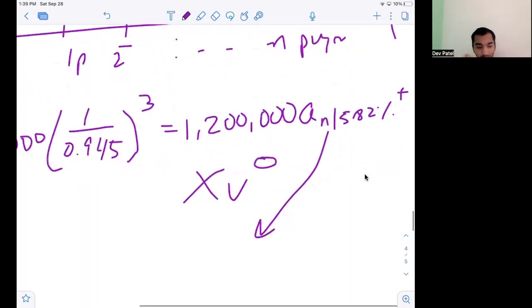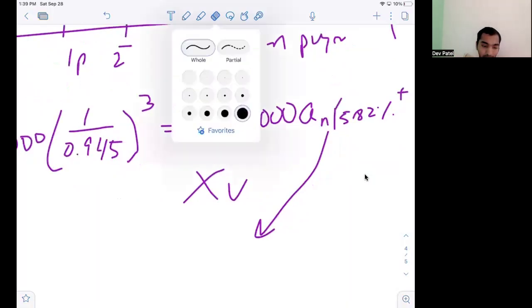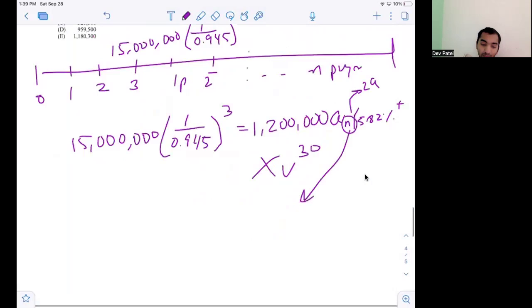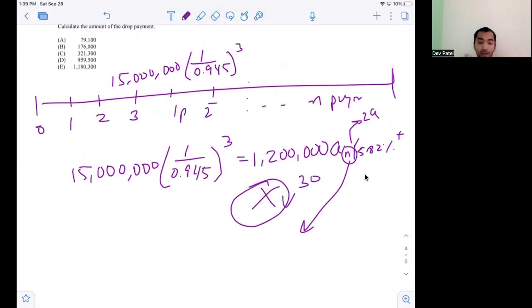And so we know that this v is going to be v to the 30th. And this n we got like 29 point whatever, so in this case, we can just leave this as 29. And then we solve for X, and then we're able to get our final answer.